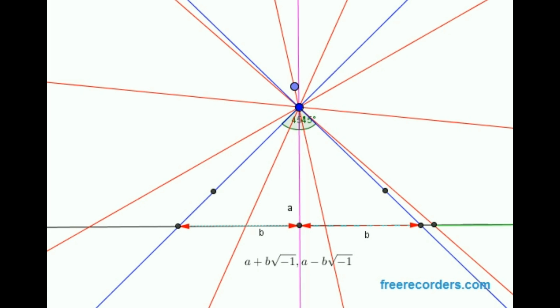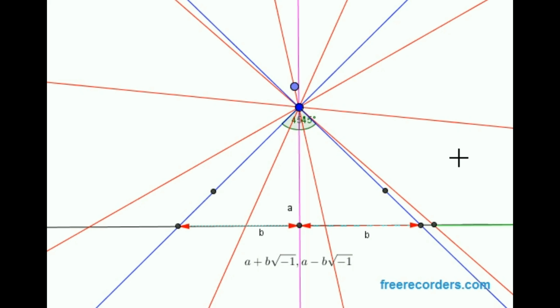Okay, so once we've got our centre of rotation, we can drop this 90-degree angle from the centre to the line that our motion's occurring on. And then if we want to find the imaginary fixed points, or perhaps it would be more precise to say complex fixed points, as a complex number has a real and an imaginary part, so a complex fixed point has a real and imaginary component.